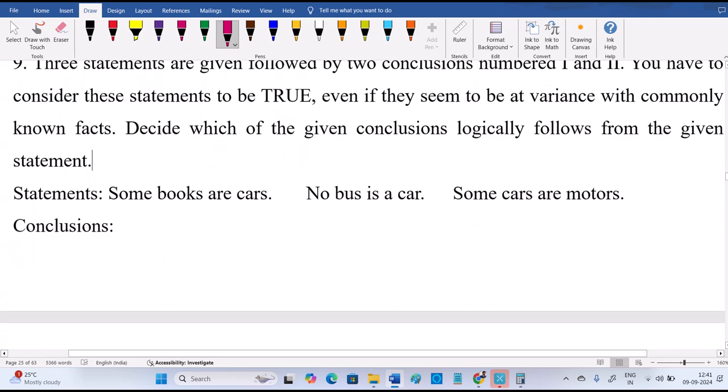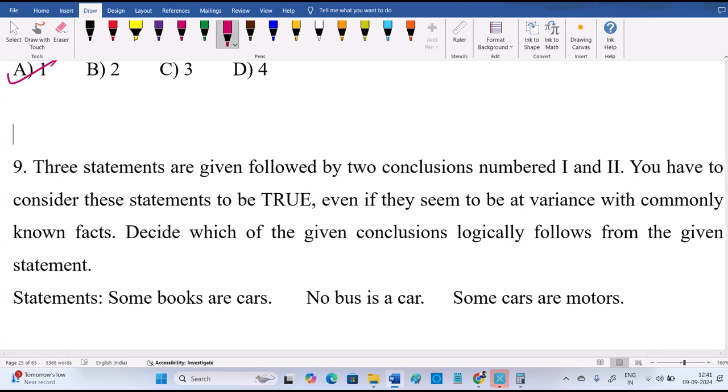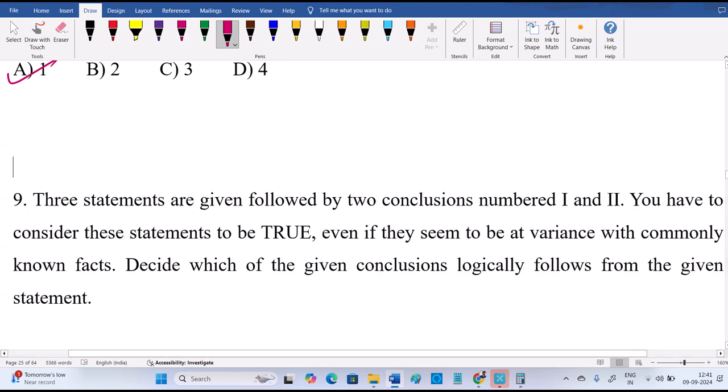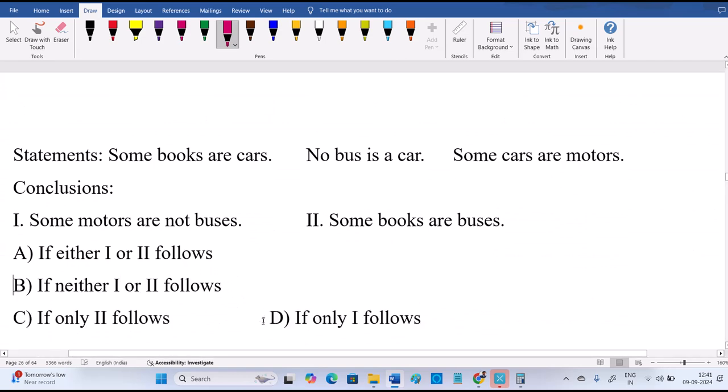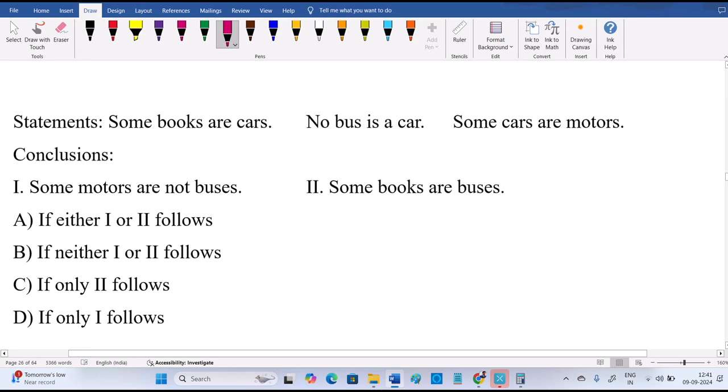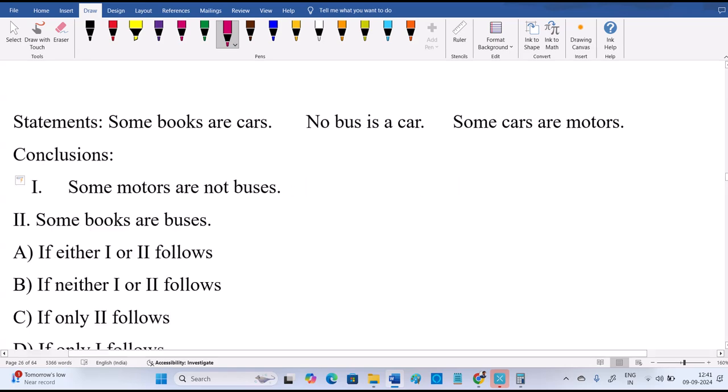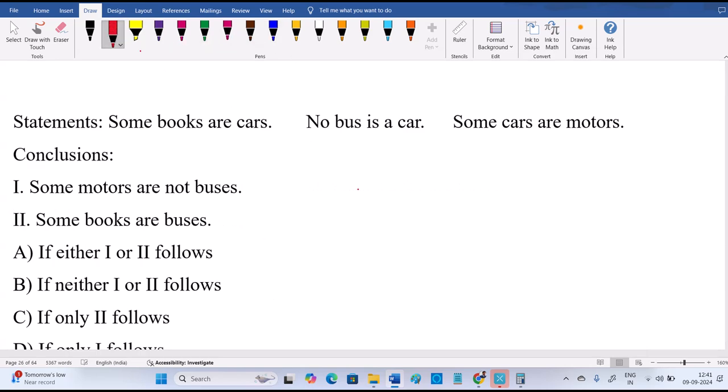Next one, syllogism related stuff. They're given 3 statements followed by 2 conclusions. You need to decide which is correct, which is wrong. Some books are cars, no bus is a car.